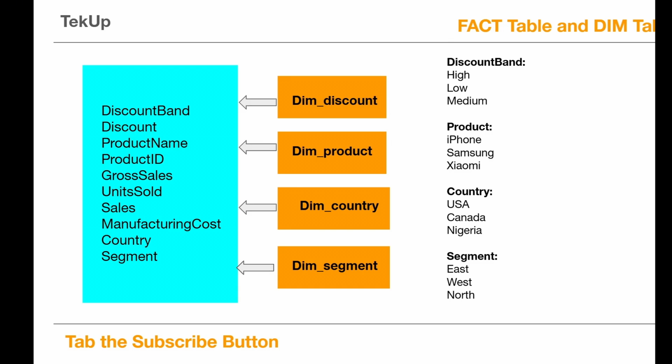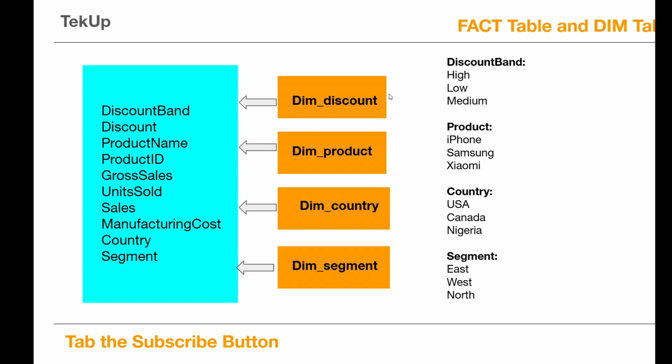This particular table here is called the fact table because it is holding the numerical data. But the dimension tables are called the dim tables for short because they are holding descriptive information on this fact table.